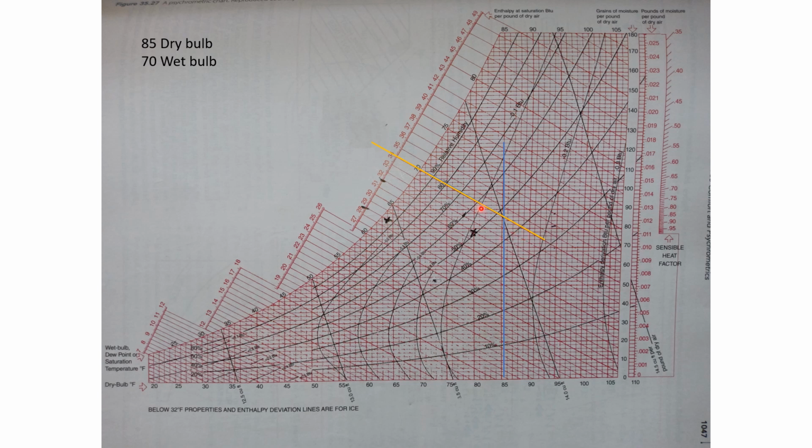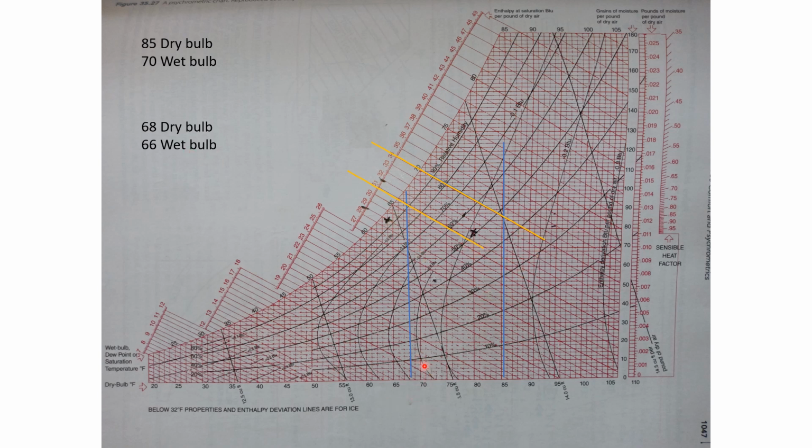So we got our 85 dry. We have our 70 wet, so we're right here. Okay, that's 1. Remember, we didn't even really need to do the dry on this because we're looking for a change in enthalpy, so we can just really do the wet bulb. And then we do the same thing here. We plot our 68 dry.